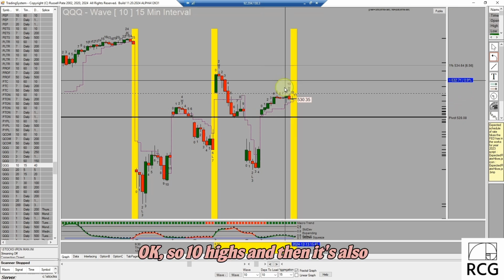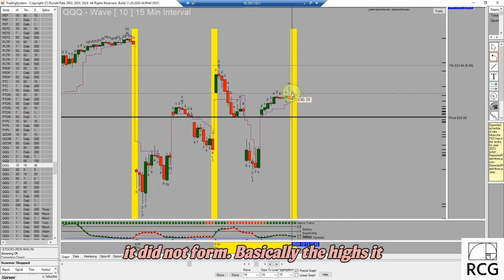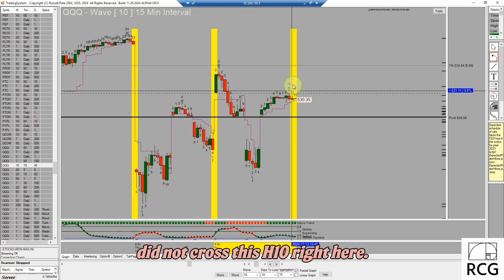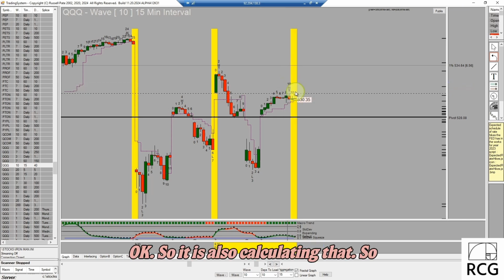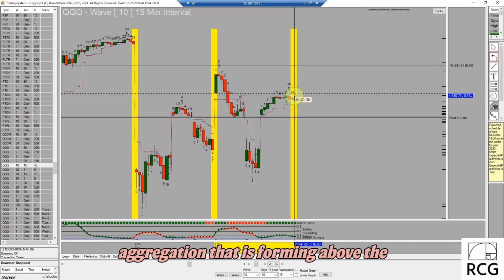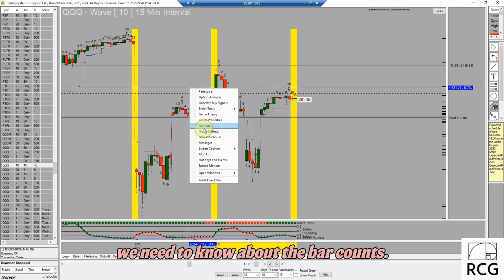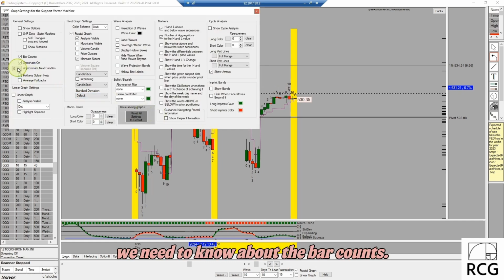Okay, so 10 highs, and it's also calculating how many highs it did not form, basically the highs that did not cross this H10 right here. So it's just calculating the number of aggregations forming above the pivot. Okay, so that is all we need to know about the bar counts.